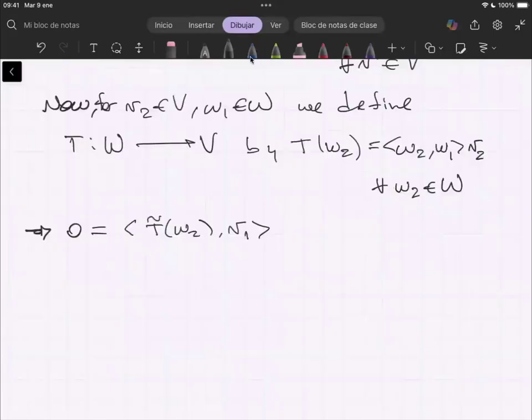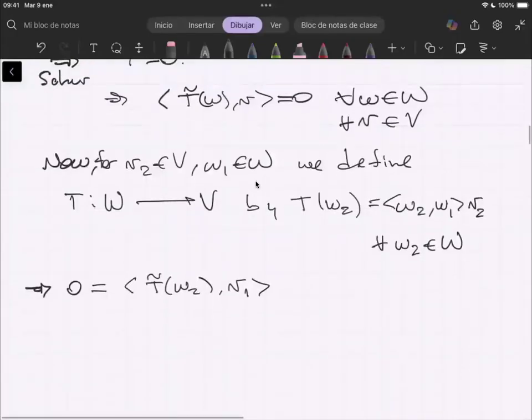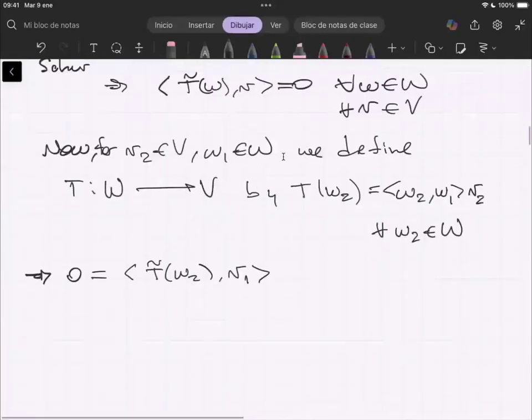Wait a second, there is some question. What do you mean by the new linear map? The new linear map is the one that I fixed, that I take T, the one given by the inner product.